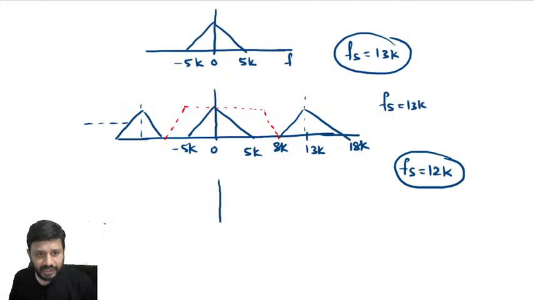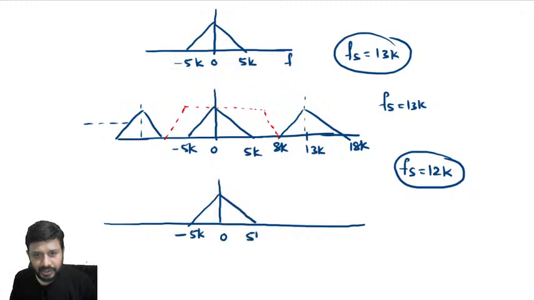Fs equal to 12k, if I take, what will happen? Minus 5k to 5k you are going to get. Centered around Fs, that means 12k: 12k plus 5k is 17k, 12k minus 5k is 7k.